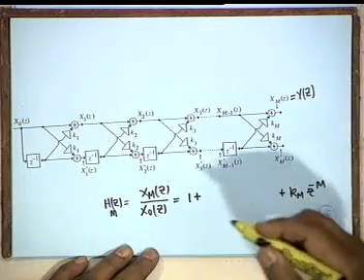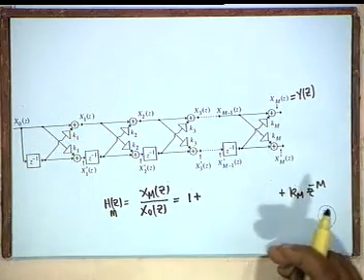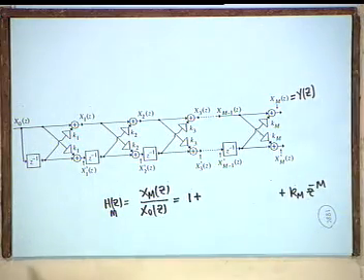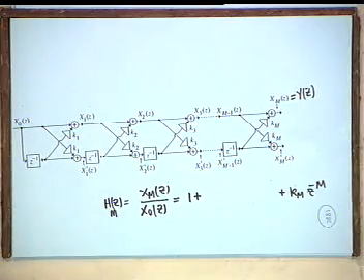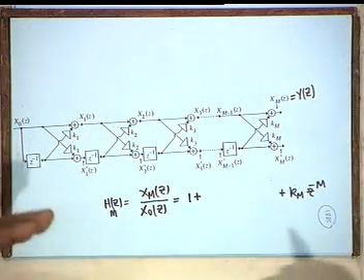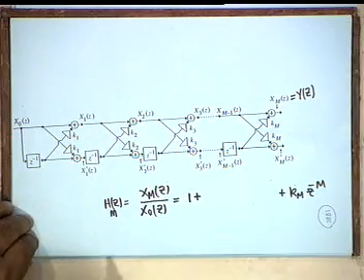Then the next term would be K1, K2, K3 and so on and so forth. You can do this, but this is not helpful for synthesis. In the synthesis, you shall have to solve a set of nonlinear equations, which is very, very cumbersome.